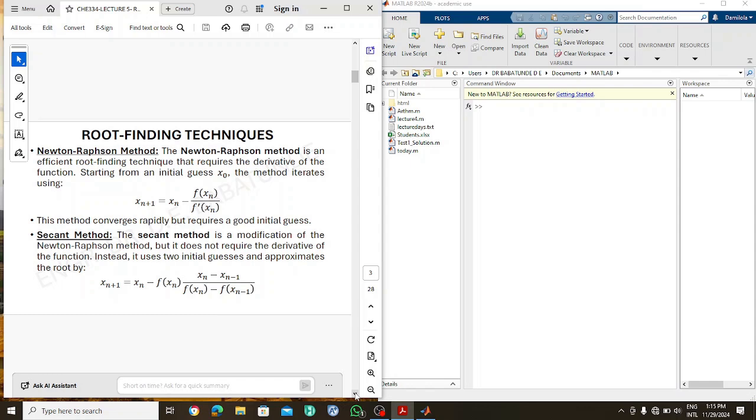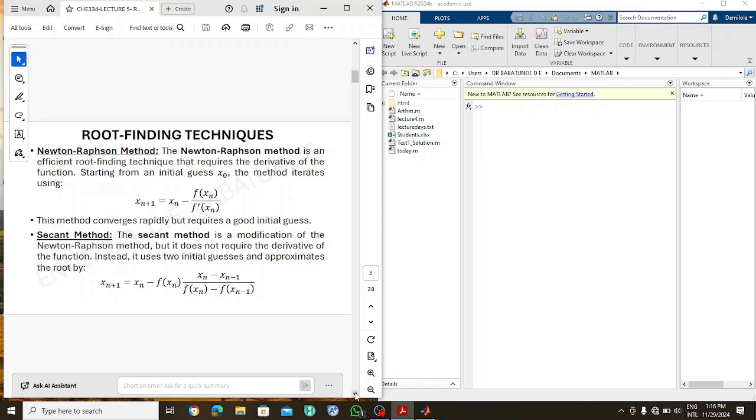Everything is based on the function, but the function has been evaluated at different points: when x equals xn and when x equals xn minus 1. Those are the points where your function has been evaluated. So this time around, you don't need to evaluate your first derivative.